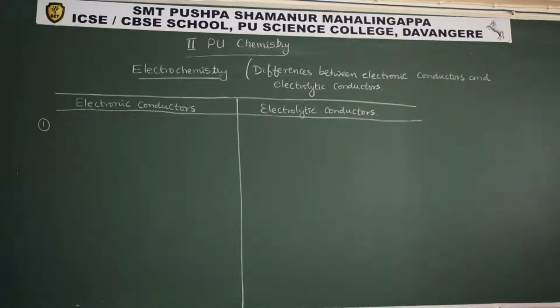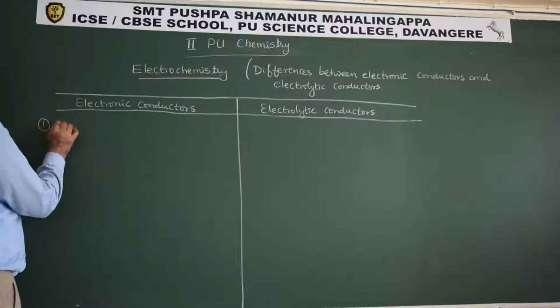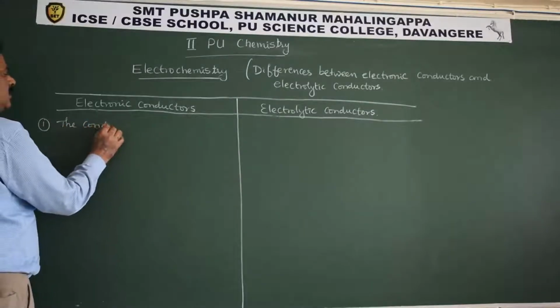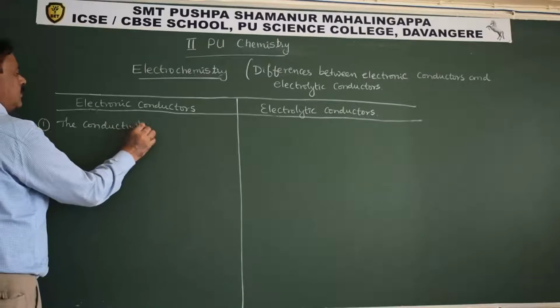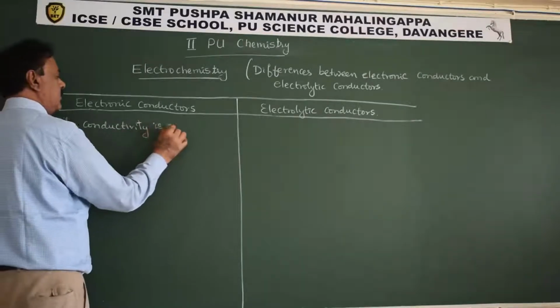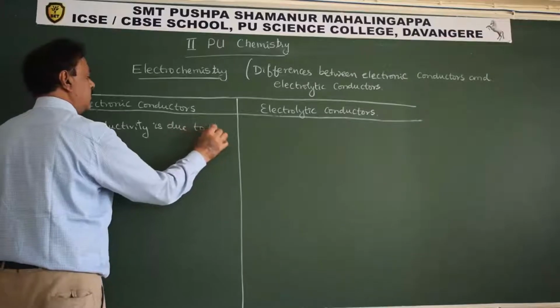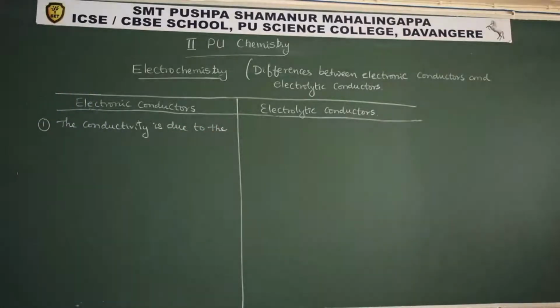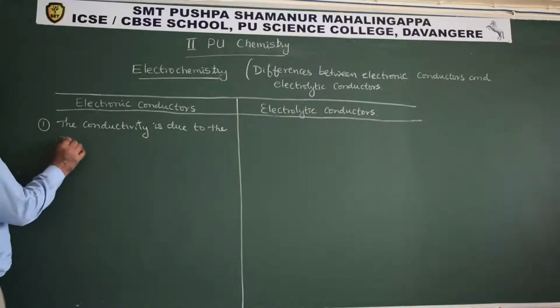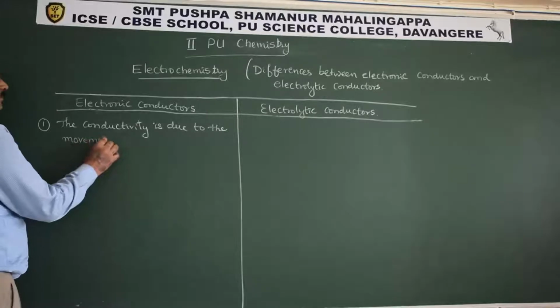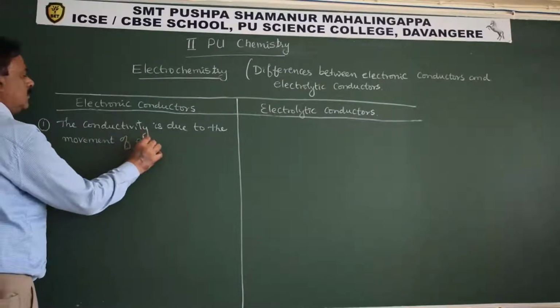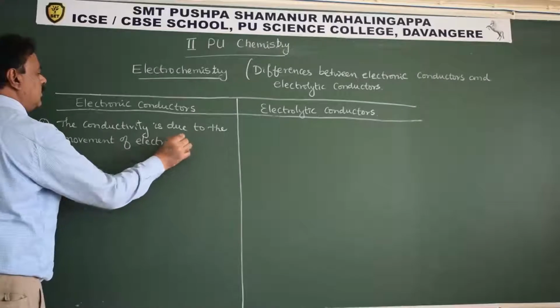First you have to write the definition. That's the first difference. For electronic conductors, the conductivity is due to the movement of electrons. Yesterday we discussed the conductivity.